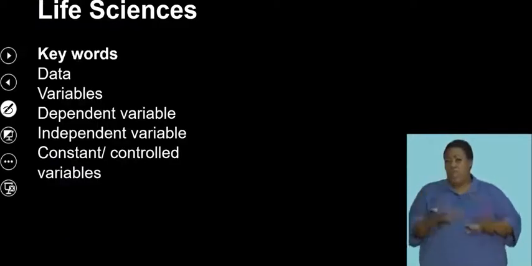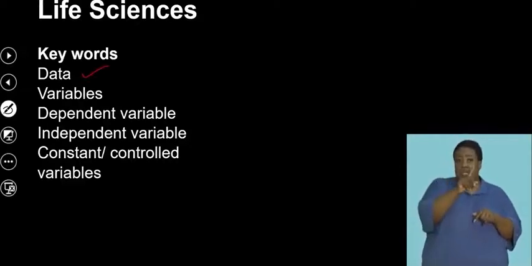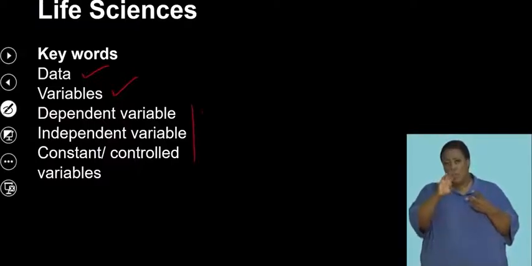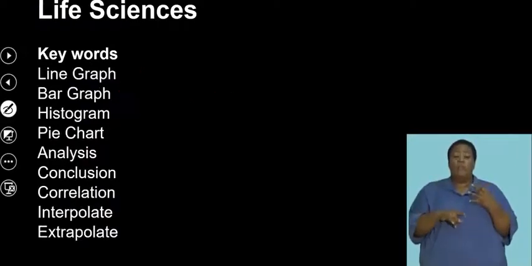Some key words in today's lesson would be, as I mentioned, the word data. We've looked at variables in the past, and we know that there are three different types of variables: the dependent variable, the independent variable, and the controlled or constant variables. We've unpacked these, and we'll talk more about them as we get into the lesson.